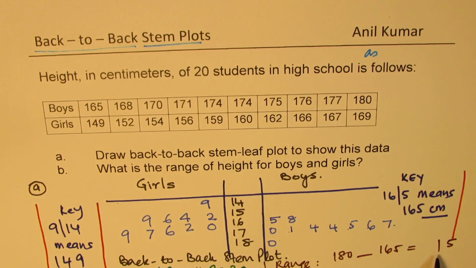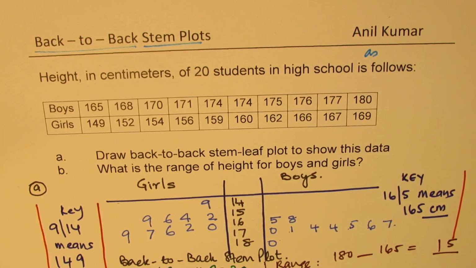So in this case, we get a range of 15. So from the data, we know the range for the girls is much more than that for the boys, right? So 20 and 15 is our answer. So that is how we are going to find range of both boys and girls, maximum minus minimum value.